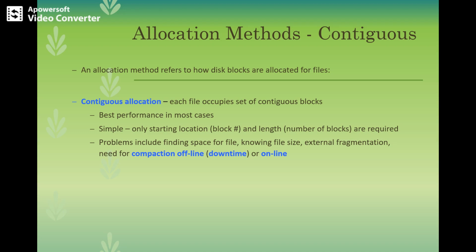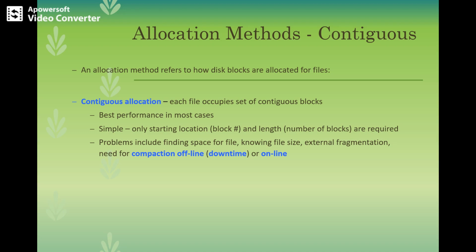The first method is contiguous allocation, wherein each file is required to occupy a set of contiguous blocks on the disk. And the disk addresses define a linear ordering on the disk. So we'll be having disk addresses and those will be in a linear order. What happens with this ordering is we can assume that only one job is accessing a disk.